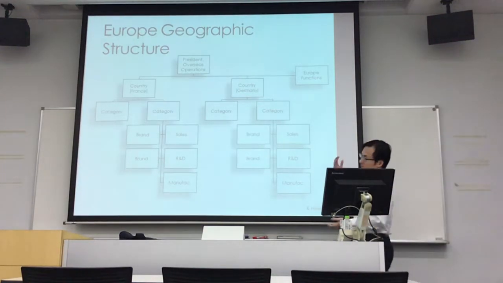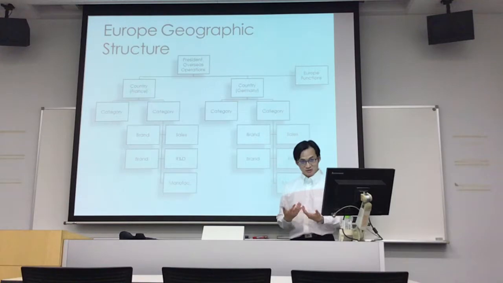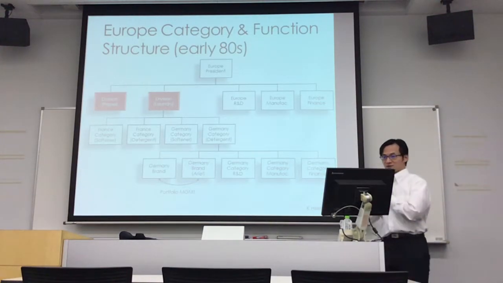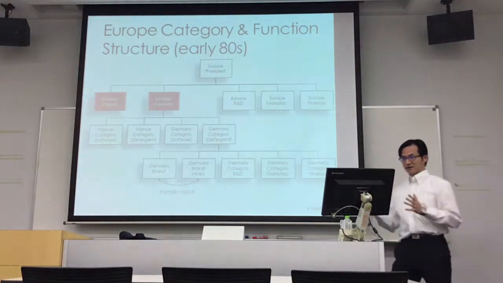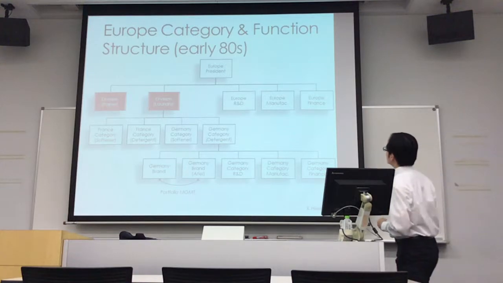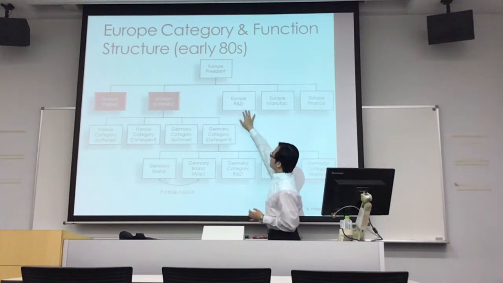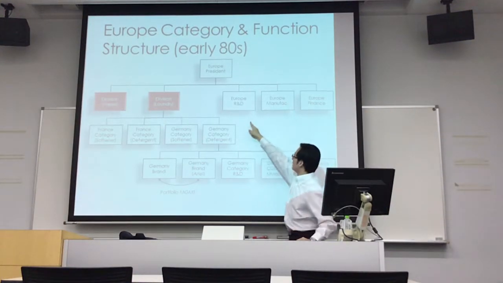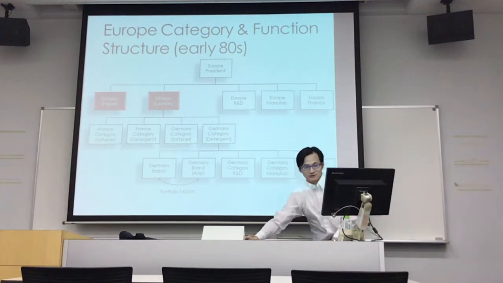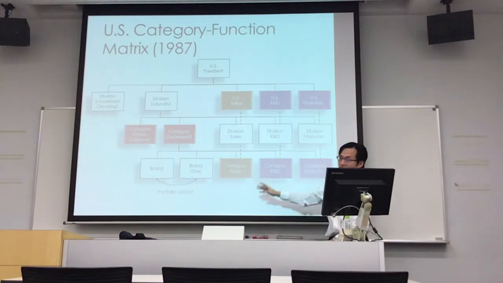Now of course, with the further integration of the European countries, they have to change. And this is what it looked like at the end, in the early 80s. So you have central R&D, manufacturing and finance functions. Notice that there is no sales here, unlike in this case.